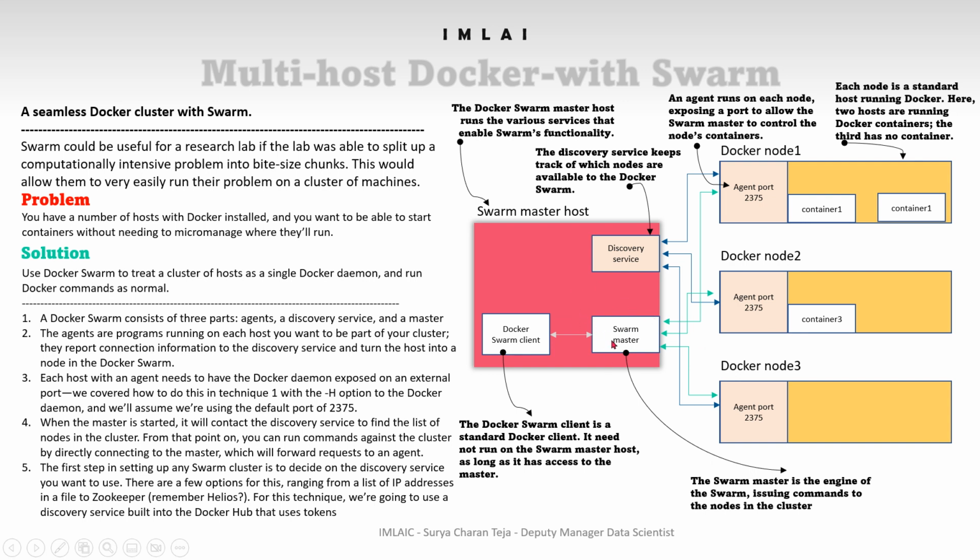It issues commands to the nodes, as you can see by the green line. So this is our one cluster: this is the master, and the remaining are all nodes, Docker node 1, Docker node 2, and Docker node 3. The Swarm master is our main Swarm engine, issuing commands to the nodes in our cluster.